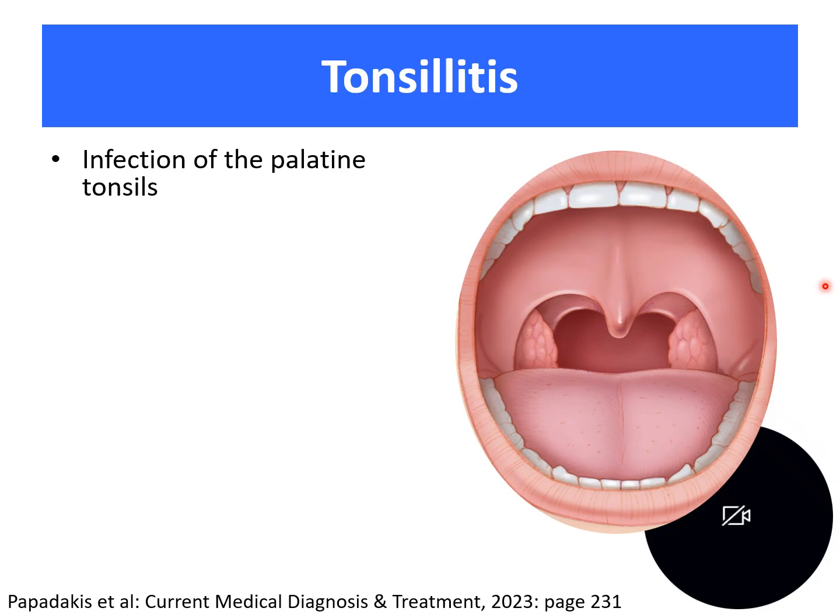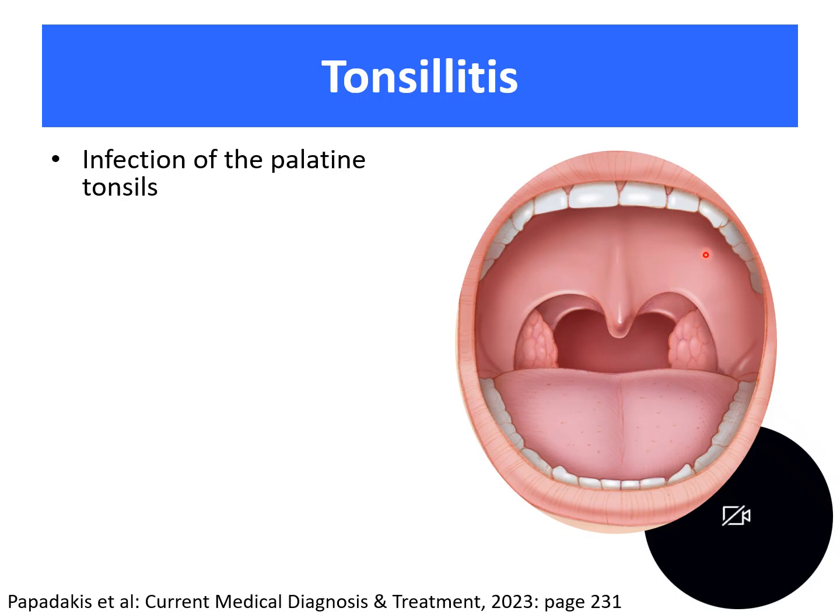There are a number of tonsils besides the palatine tonsils. Here are the palatine tonsils between the two pillars, tonsillar pillars, anterior and posterior fold. At the posterior 1/3 of the tongue, so behind the back of the tongue here, are the lingual tonsils.